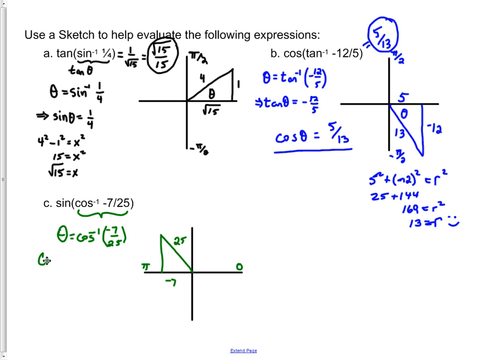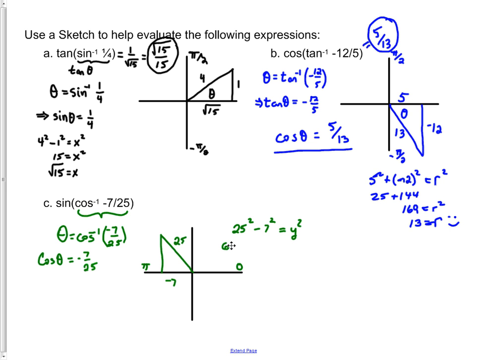So we're trying to find the ratio for sine, which means we're asked to just find the missing side of that triangle. So we take the square of 25, subtract from that the square of 7, and that's going to give us the square of our missing y side.